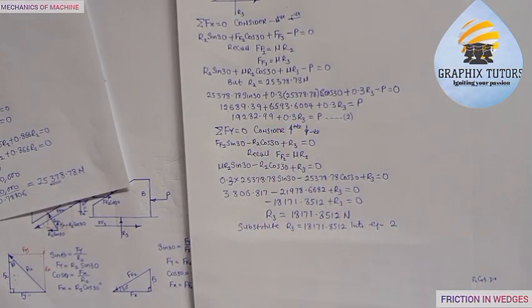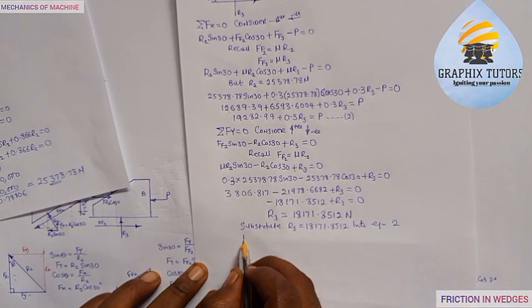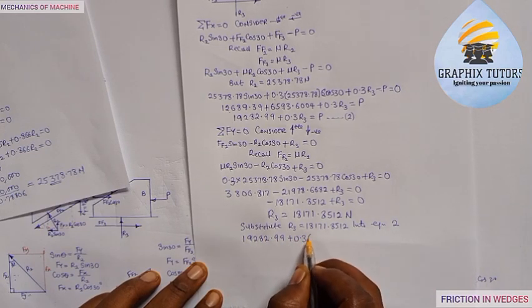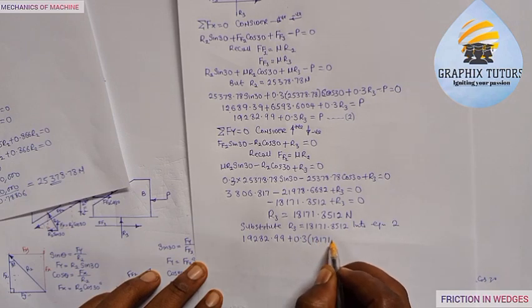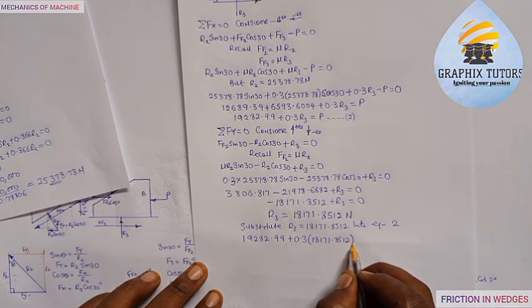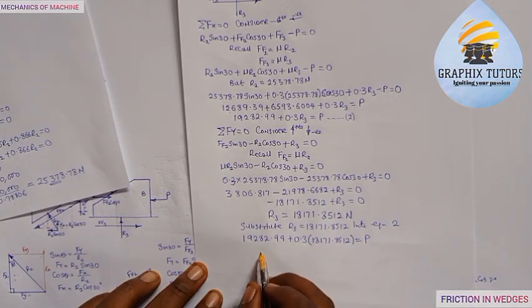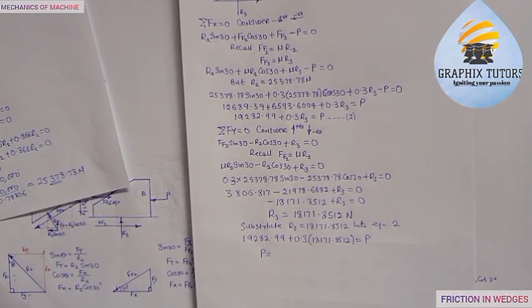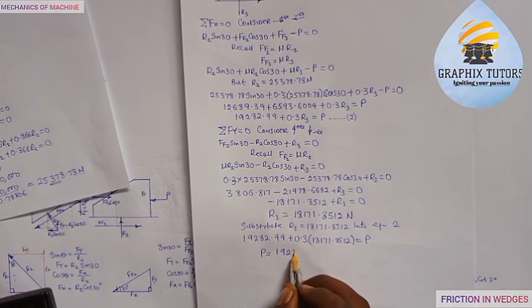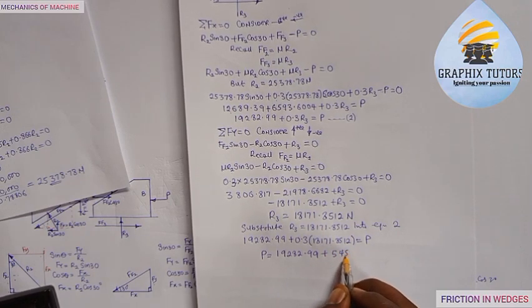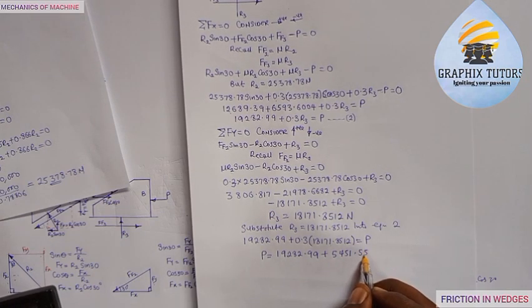So from here, I will now be having 19282.99 plus 0.3 times R3, that is 18171.8512, equals to P. So from here, P will now be equals to, if you multiply this by 0.3, you'll be having 19282.99 plus 5451.5553.